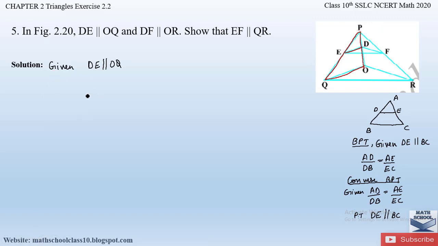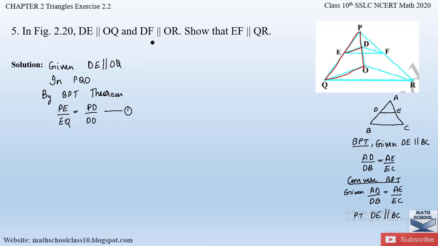Therefore, write down: in triangle PQO, since DE is parallel to OQ, by the BPT theorem we can say that the other two sides of this triangle are divided in equal proportion. Therefore, PE by EQ is equal to PD by DO. Let this be equation number 1.